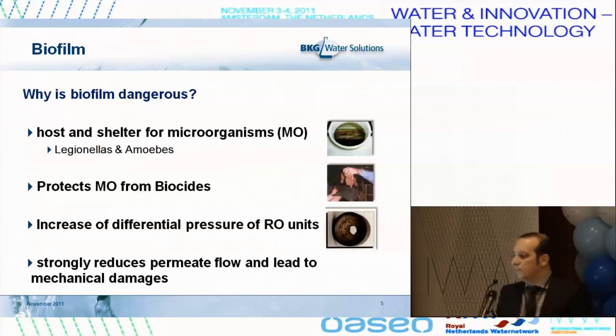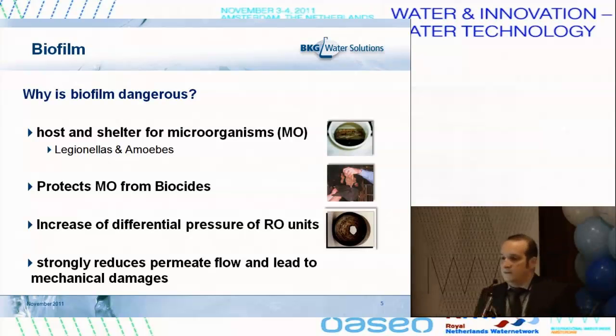So why is biofilm dangerous? It's a host for a lot of different types of microorganisms, such as Legionella. This is why biofilm is also a problem specifically in water systems, like air conditioning systems, because inside of the biofilm you have the Legionella.